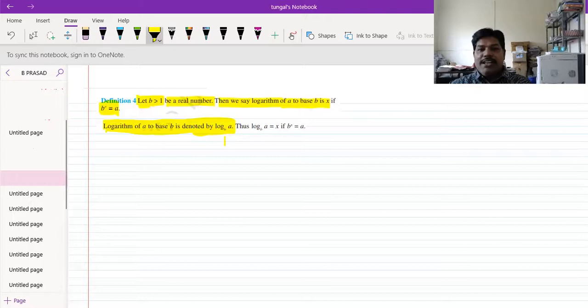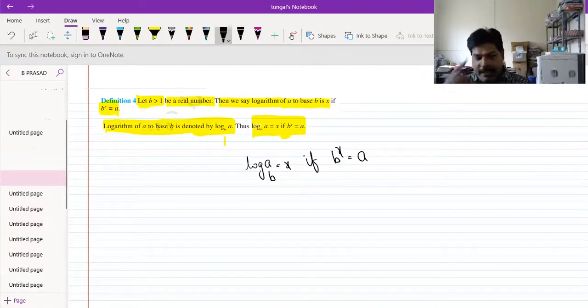What is the meaning of that? Log a to the base b is equal to x if b power x is equal to a.